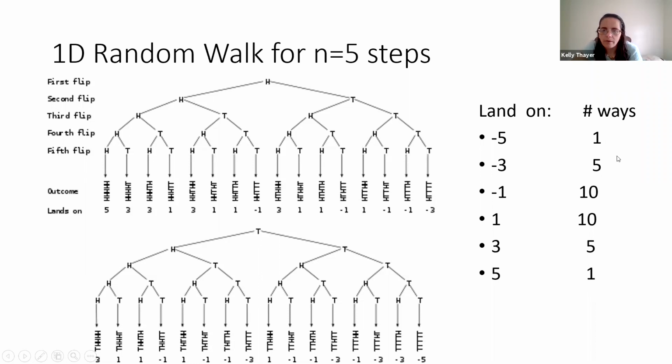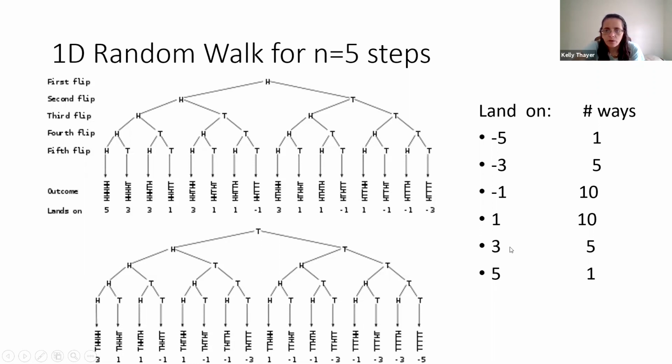We can also get -3, -1, 1, and 3. You can see that it would not be possible to land on the even numbers with 5 coin tosses, but clearly the most populous is -1 or +1, with 10 ways to get that, which we can see from the enumeration down here. These are the positions that it ends up in, worked out from the combination of heads and tails that we have here.